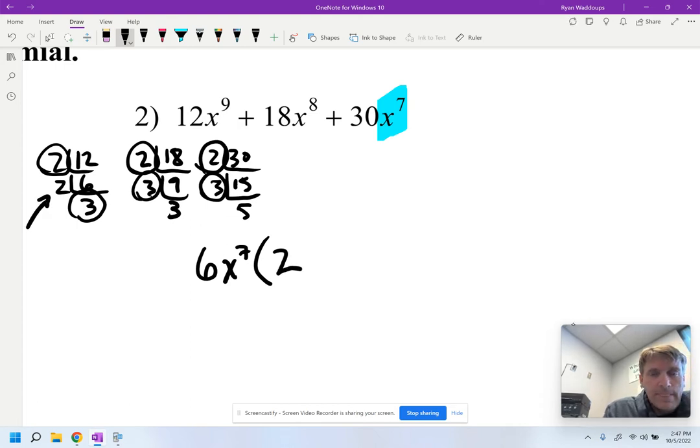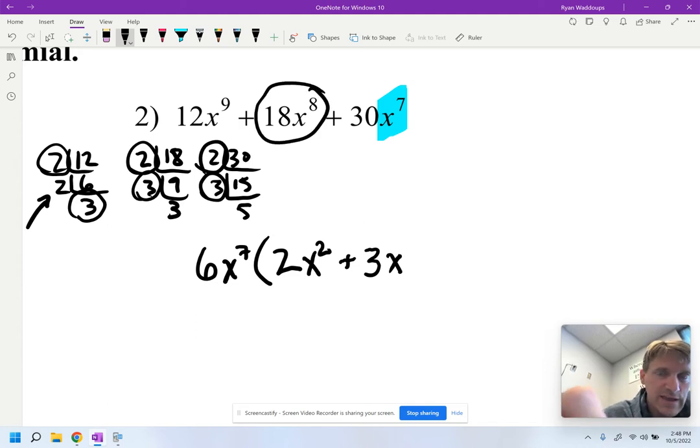And then I ask myself, what do I multiply by x to the 7th to get x to the 9th? That would be x squared, or 2 x's, and the 7 x's is the 9 x's that we have in this term here. And then 6 times 3 is 18, and just one x times the x to the 7th would give us x to the 8th.